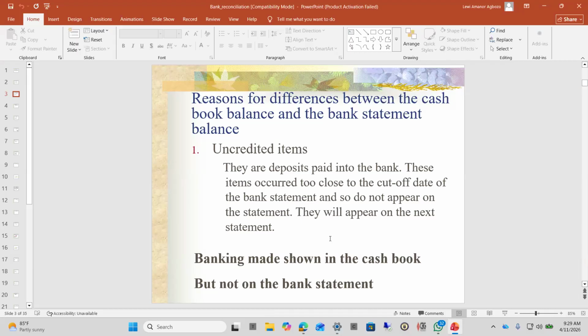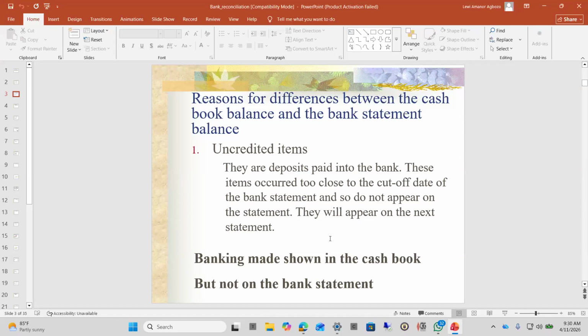You were expecting that the bank will credit your account, but maybe because there was so much pressure on them that day, they couldn't credit the account that day. They might credit it on 1st April. But when you take a bank statement for March, those transactions will not show on it. Meanwhile, you have received it in your account in the office.